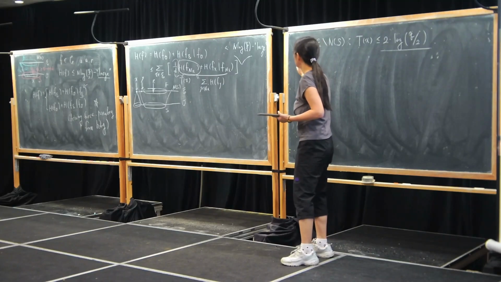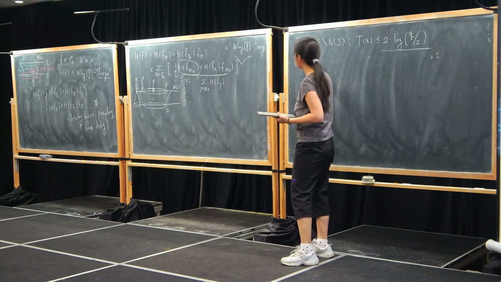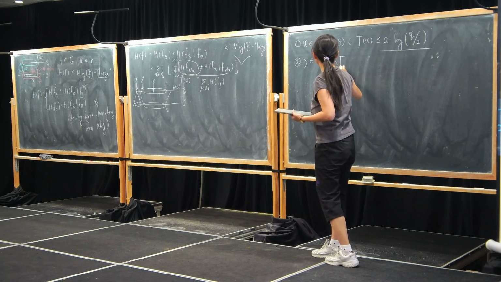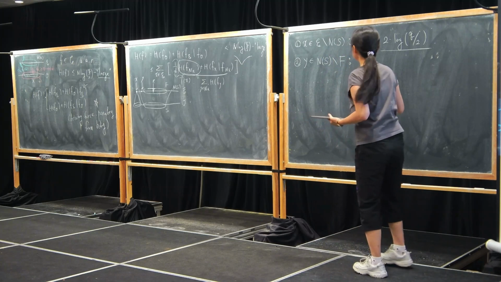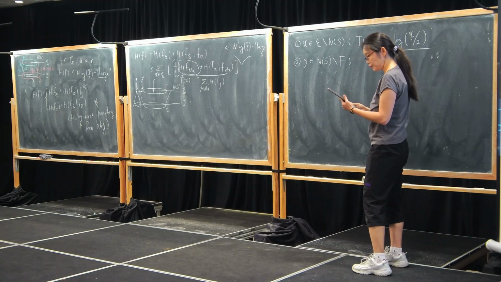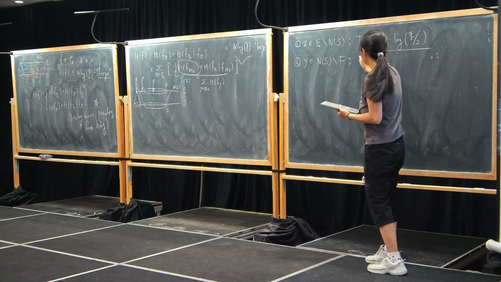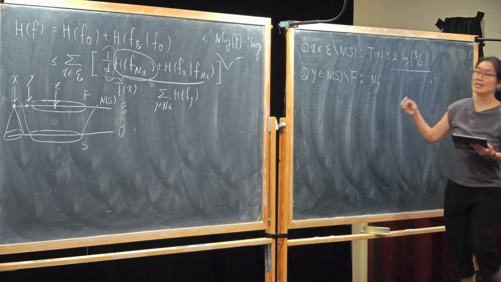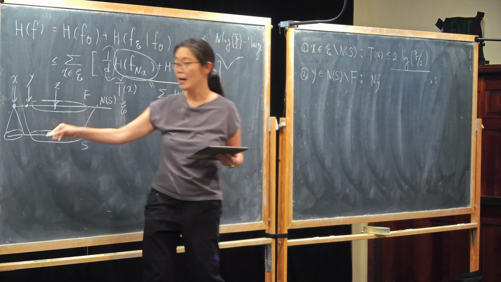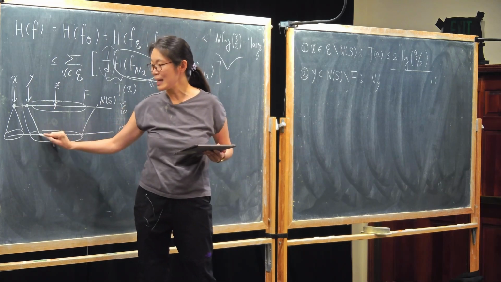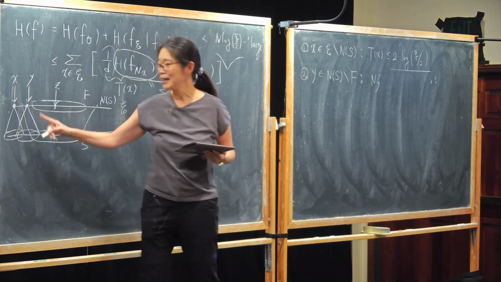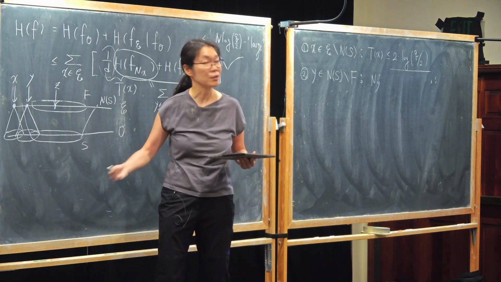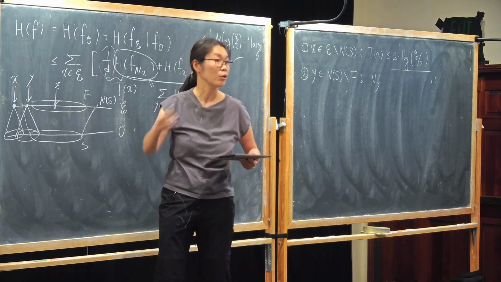OK, number 2. What if y is in there? So the neighborhood of S minus F. In this case, maybe it's helpful to give you some ideas. The problem is, if y is here, then its neighborhood can be inside, it intersects with S. That means we have no idea whether the neighborhood of y is good or bad.